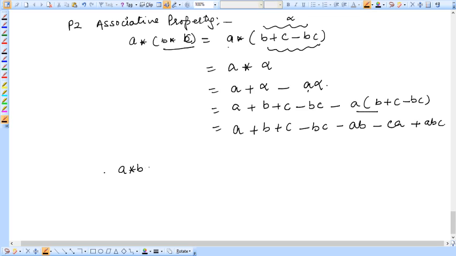Now take another part, A star B star C is equal to what?